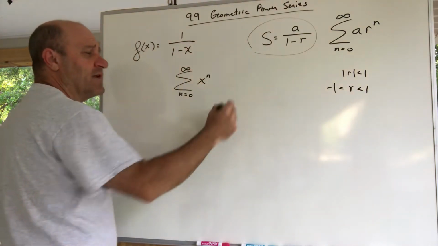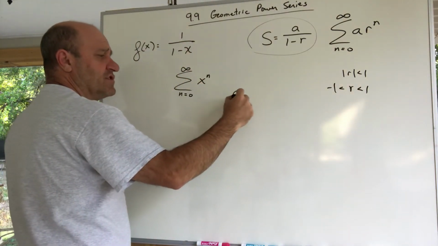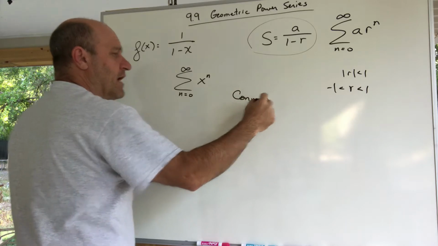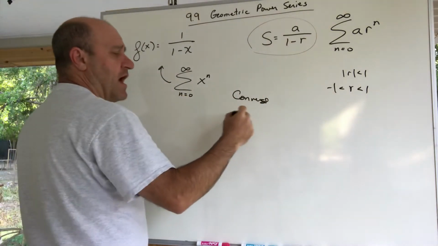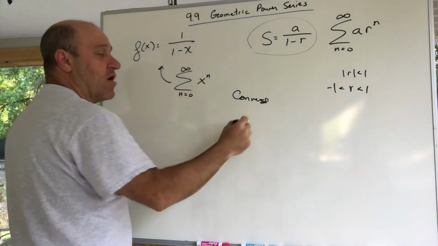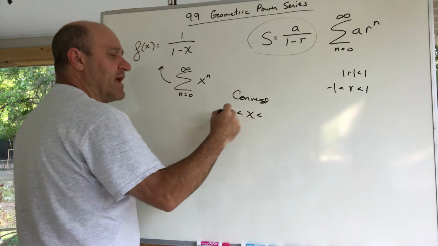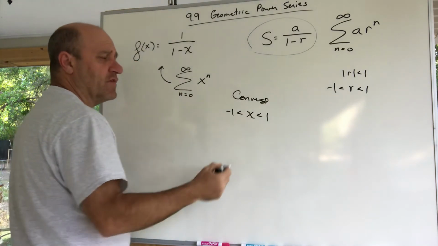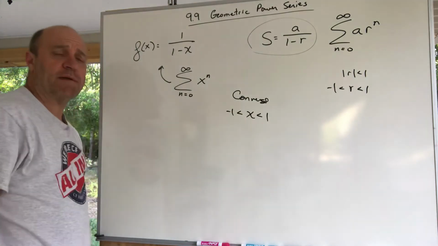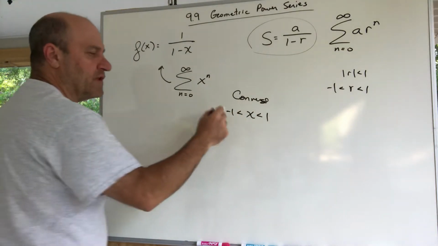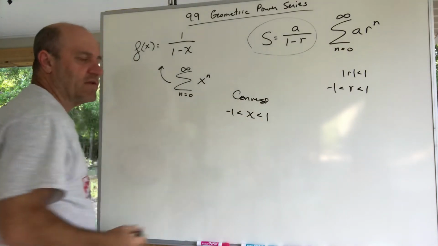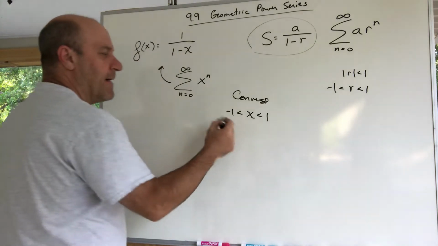So that's what I want to say. This converges to this function when x, my r, is between -1 and 1. And so my interval of convergence is from -1 to 1. Not at the endpoints, only between -1 and 1.